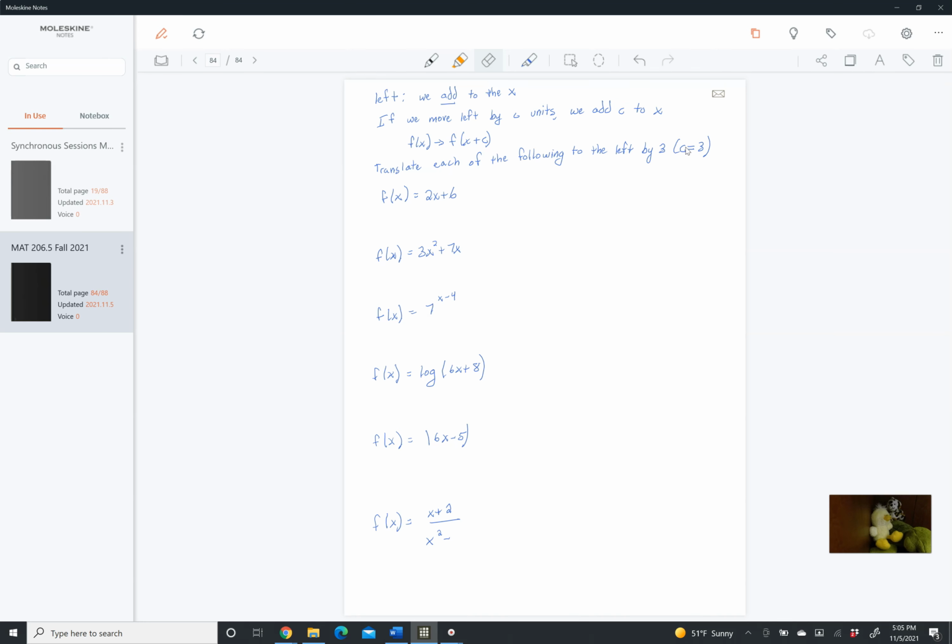And again, now is a great time for you to pause the video. Just do each of these by yourself. Here we're going to the left by 3. And our function notation is always going to be the same because it's independent of the type of function that we have. And all we're going to do is replace all of our x's. Instead of with x minus 3, we're going to replace it with x plus 3.